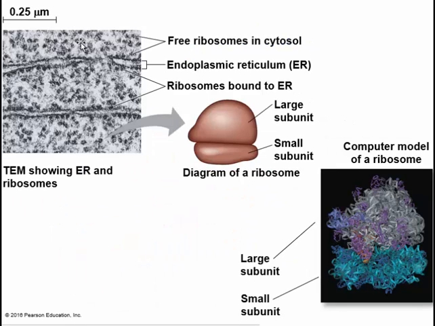Here we see a transmission electron micrograph, free ribosomes. They're very dark in this image, so little black dots. And then here are these membranes we're seeing of the endoplasmic reticulum and some ribosomes bound to that. Ribosomes are mostly made out of that ribosomal RNA. There's proteins on them as well, but here we see the RNA folding up and coiling, forming that ribosome structure.